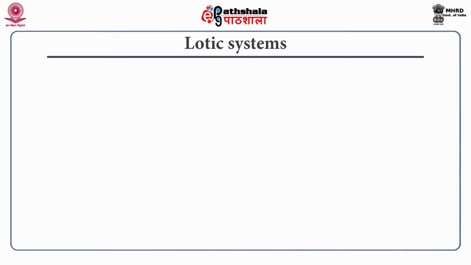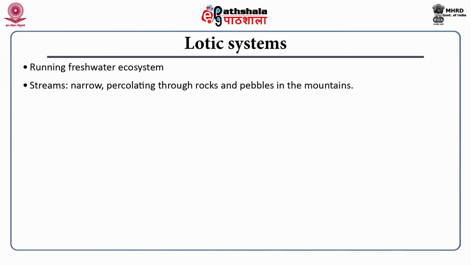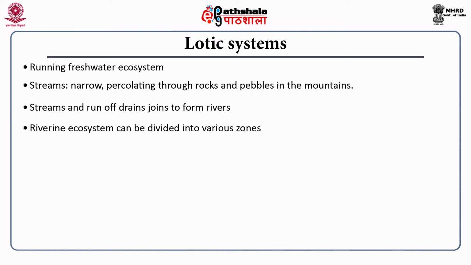Now, coming to the Lotic system, which are running freshwater ecosystems, streams are nothing but narrow percolating channels that percolate through the rocks and pebbles in the mountains. Streams and runoff drains join to form the rivers. The riverine ecosystem can be divided into various zones again.